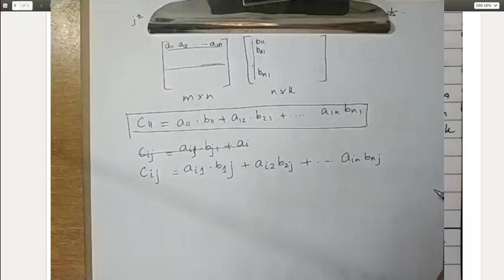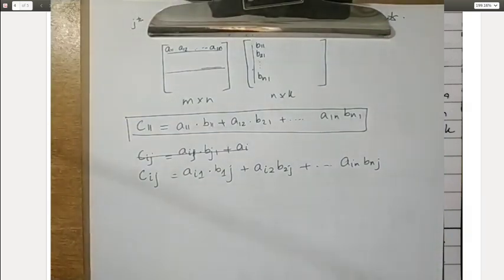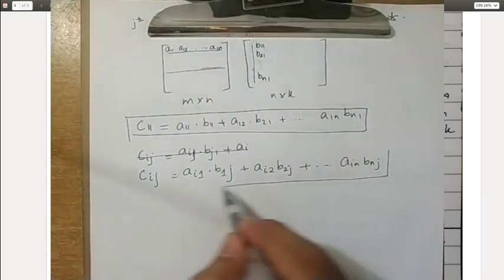Okay, so this is the multiplication that you do for matrix multiplication.